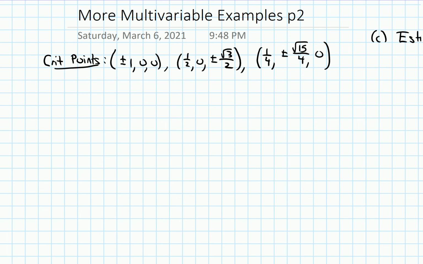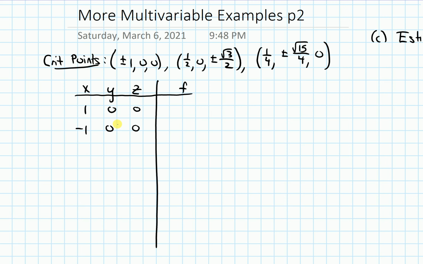Okay, so sometimes to organize my work, when I have a lot of critical points to plug into my function, I'll make a table of values. In this case, I need to plug in an x, a y, and a z value into our function f. Okay, so the first 2 critical points had x is 1 or -1, and the y value is 0 and z value is 0.